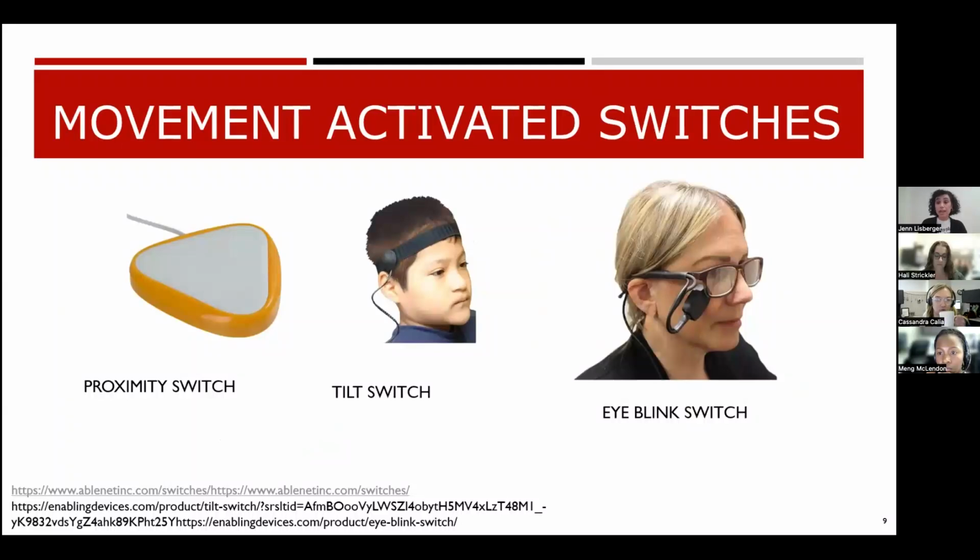We have movement activated switches, which are super cool and not always talked about. You have a proximity switch, which is a candy corn switch. It's real. You have a big one or you have a tiny one, and you don't even have to touch it to activate it. You just kind of hover over it.